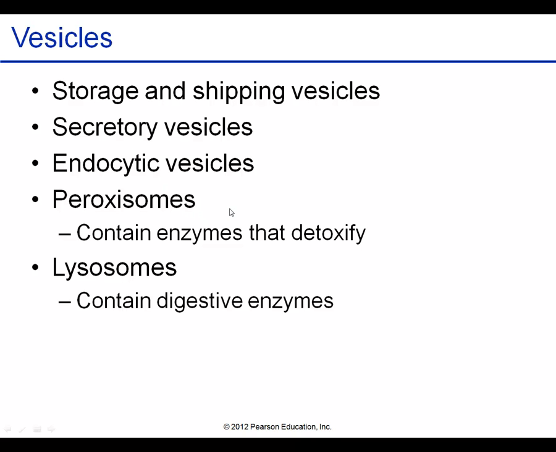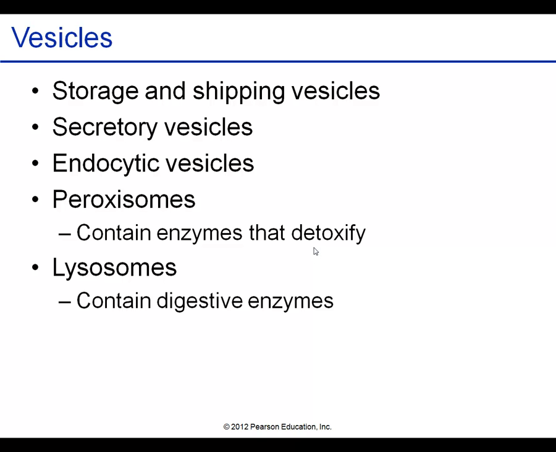Of the vesicles we also have the peroxisomes, and the peroxisomes contain enzymes that detoxify chemicals and detoxify free radicals, oxygen radicals. Lysosomes, on the other hand, contain digestive enzymes, and the digestive enzymes, just like what you have in your stomach, will digest protein. They also have an acidic nature.